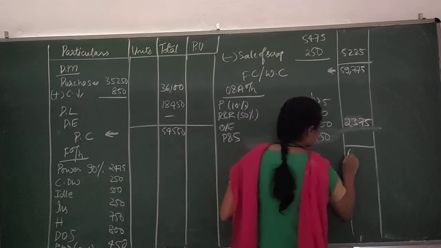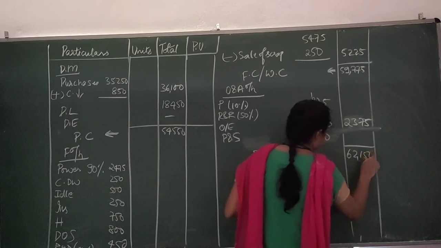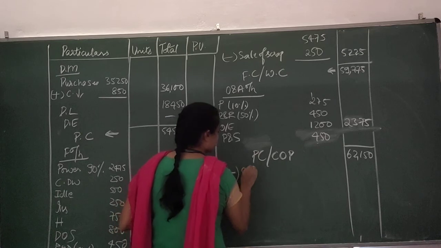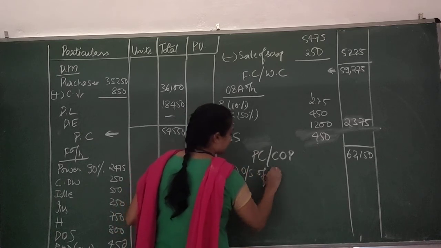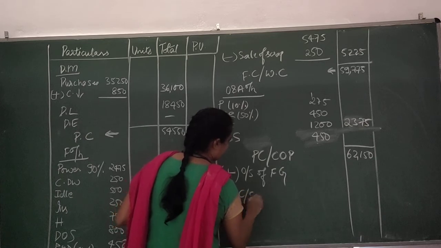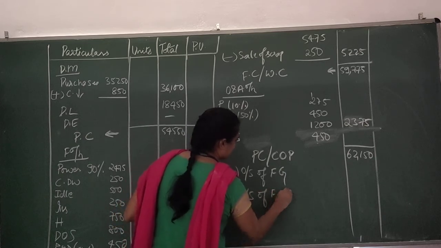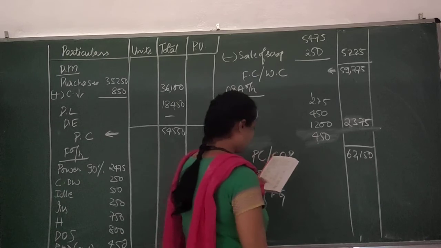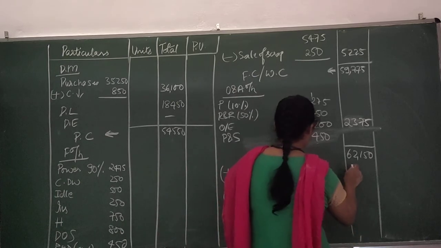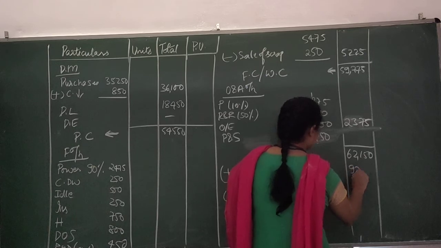So it will come around 62,150. You will add your opening stock of finished goods, please remember, and you will deduct closing stock of finished goods. The opening stock of finished goods is 9,750.